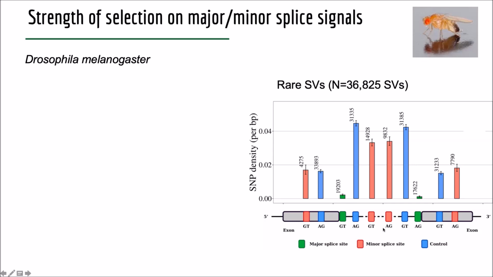And in red, this corresponds to the splice sites of the minor intron, of the alternative splice boundary. And so we measured the level of polymorphism for minor splice sites located within introns or within exons.